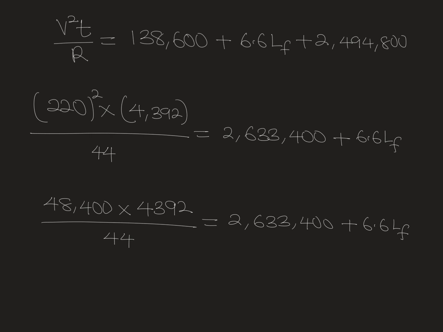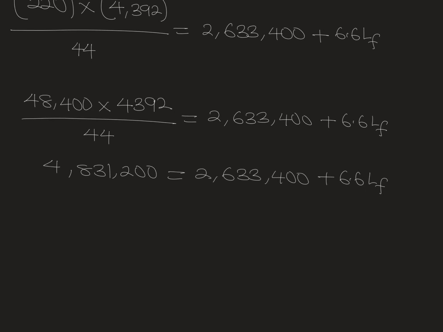48,400 multiplied by 4,392. The answer that you have, if you divide by 44, you will have 4,831,200. So this is equal to 2,633,400 plus 6.6 LF.